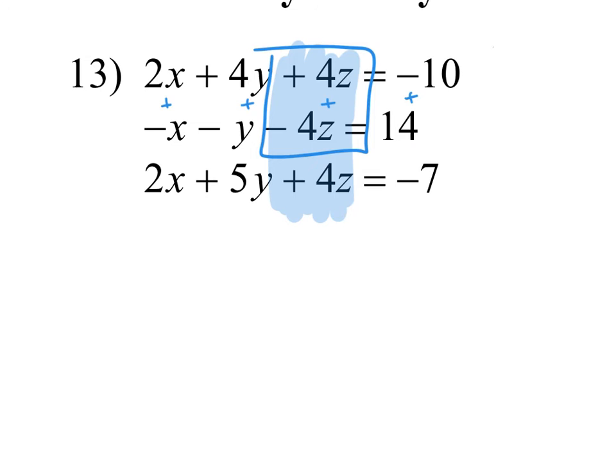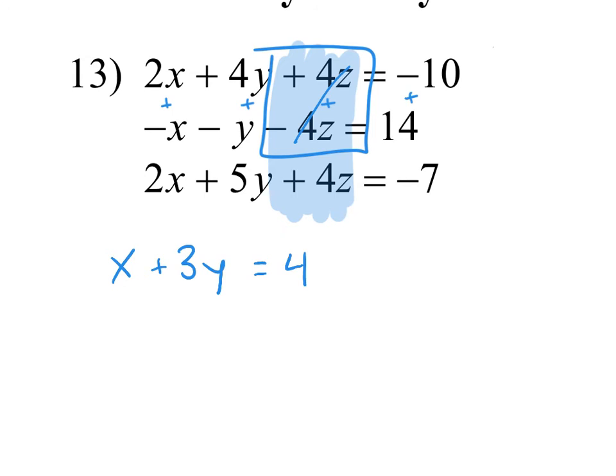Perfect. And what is 4y minus y? 3y. What's 4z minus 4z? Cancels out. Awesome. And then what's negative 10 plus 14? 4.